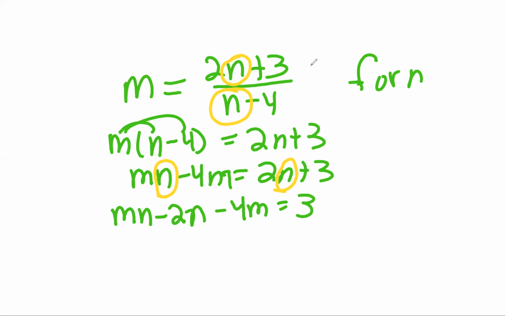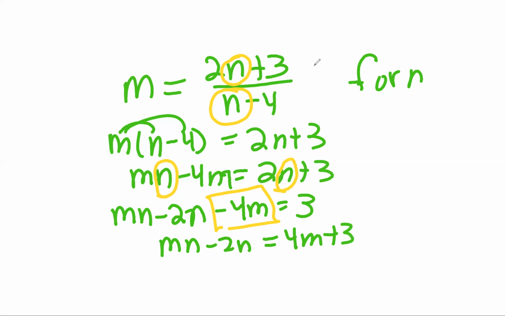So this time I need to move this one. So I need to isolate the variable I'm looking for. So mn minus 2n equals 4m plus 3. Now I can see my n's and factor them out.